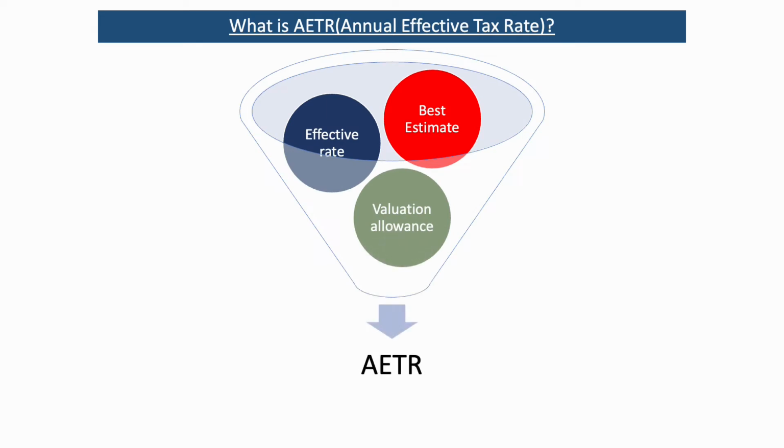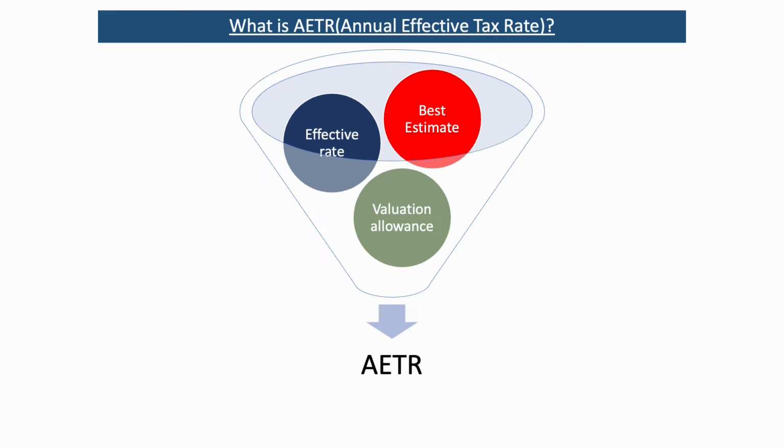So generally ASC 740-270 requires the company to calculate the income tax associated with its ordinary income using an estimate of the effective tax rate. So at the end of each interim period, the company applies that AETR to the ordinary income or loss to arrive at the YTD income tax expense.